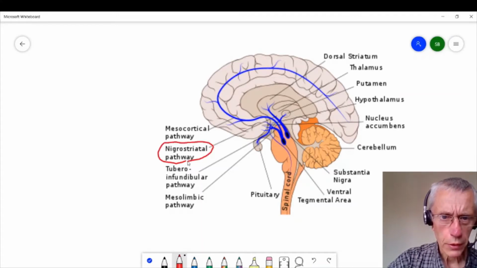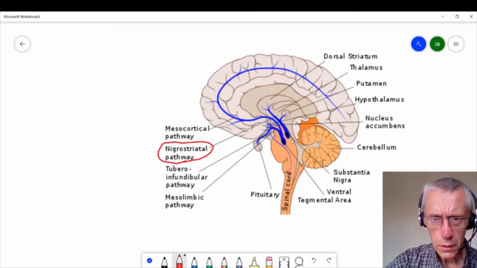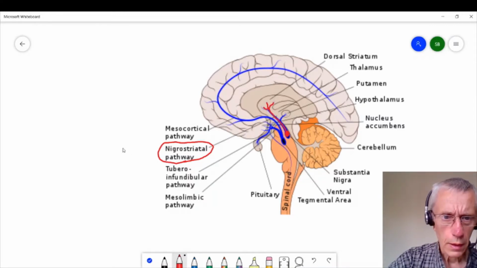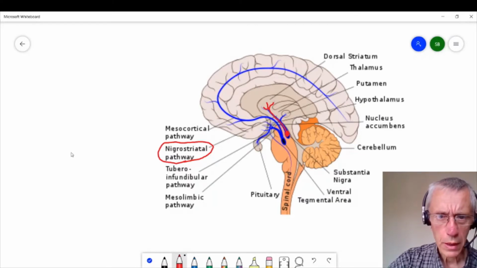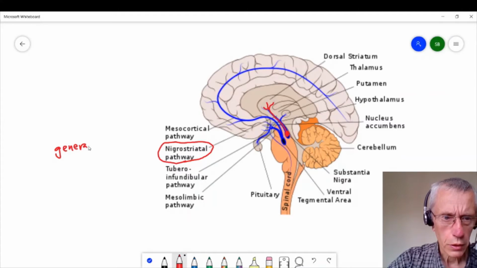The nigrostriatal pathway starts in the substantia nigra and projects to the striatum. And this one is particularly important in the generation of movement.